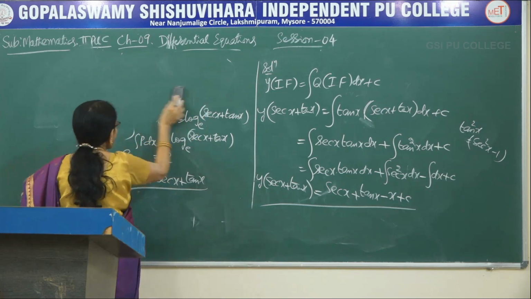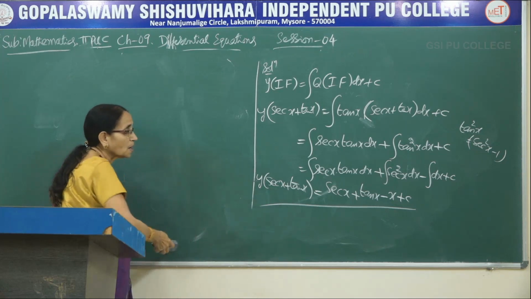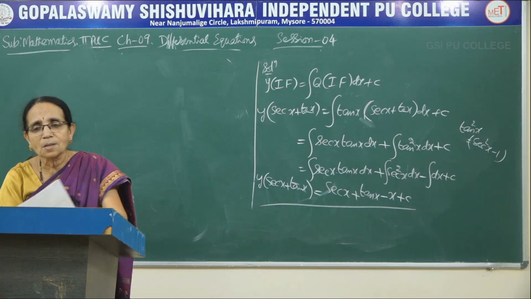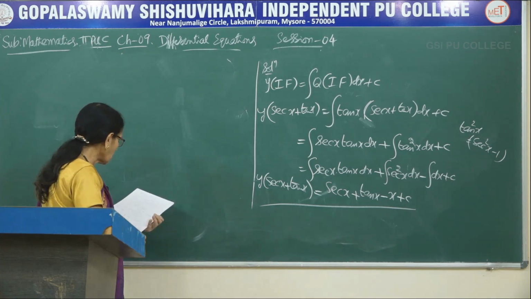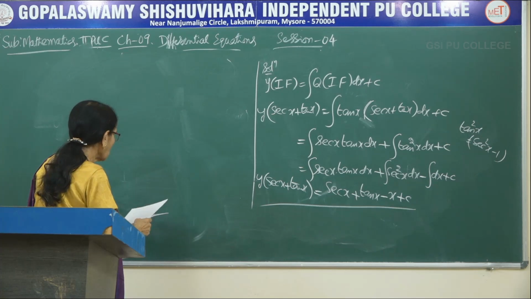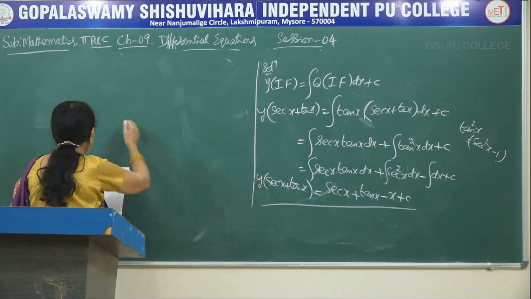Now, let me consider another problem, which is not directly given in this form. As in the earlier problems, it is not directly given in that form, but you can bring it to that particular form by dividing or like this.